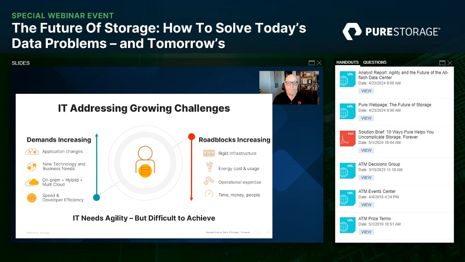At the same time, there are numerous roadblocks to being able to dive in completely on these different challenges. Probably, first and foremost, it's just the rigid infrastructure, especially around data storage.